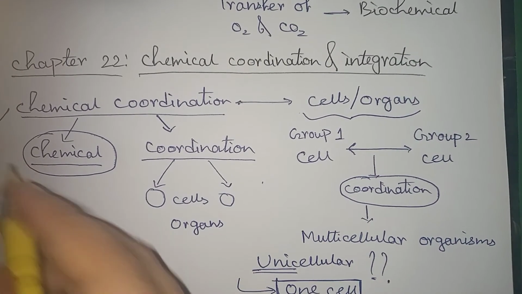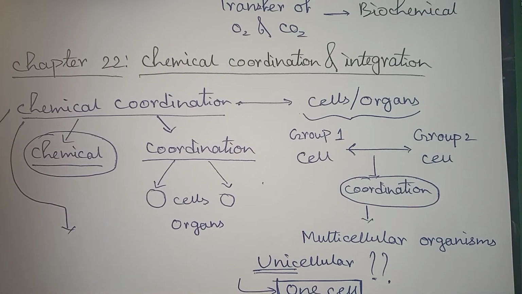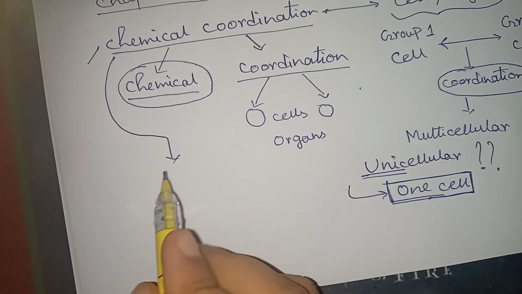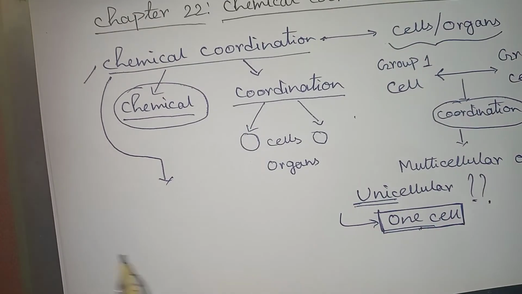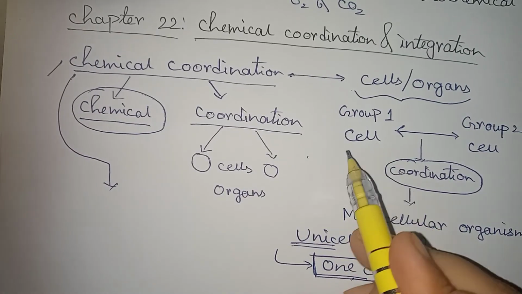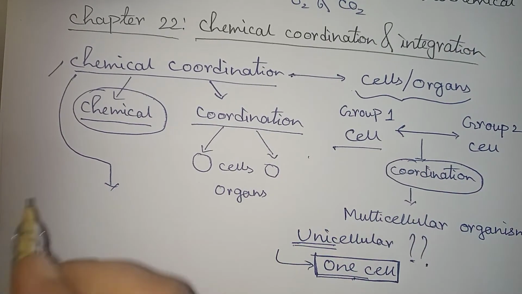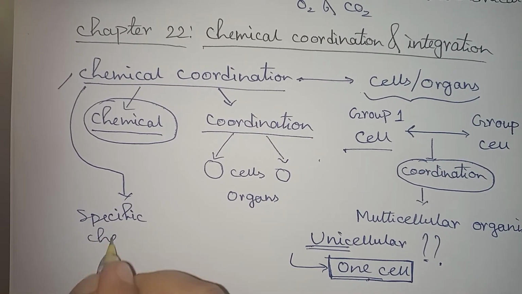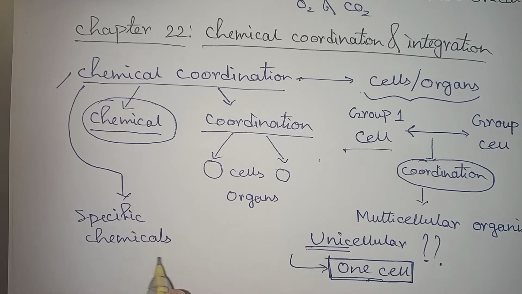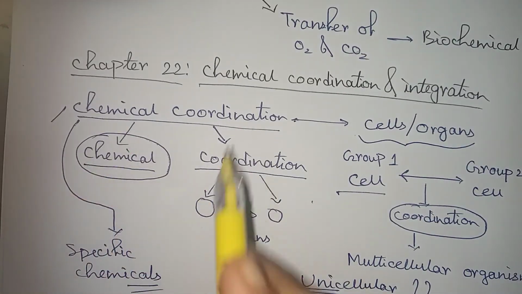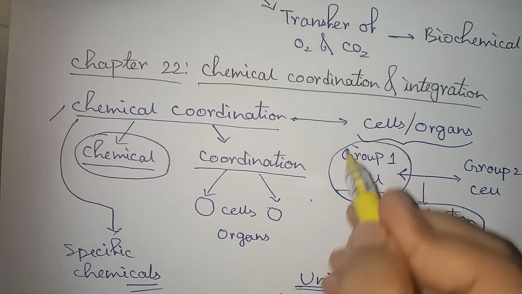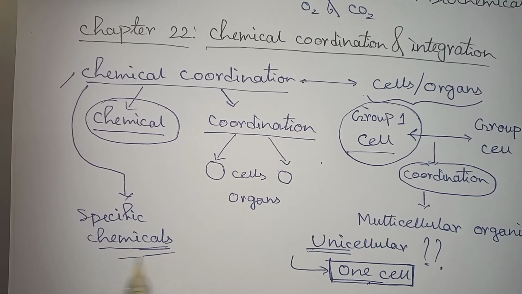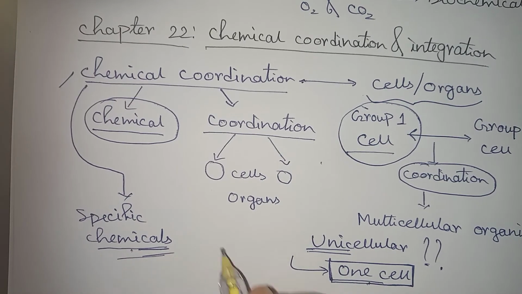So if we look at chemical coordination, let us get the brief idea. In this kind of chemical coordination, a group of cells releases specific chemicals. Now you find the term chemicals here, as in chemical coordination. What is the function of these chemicals?